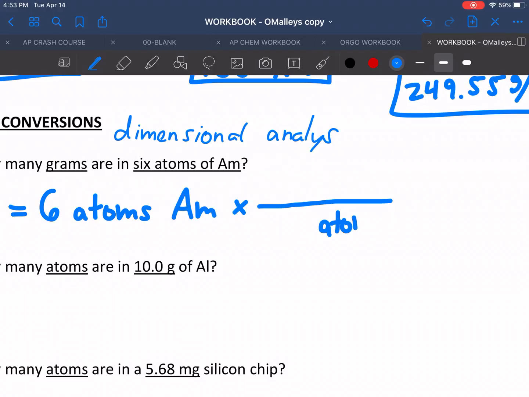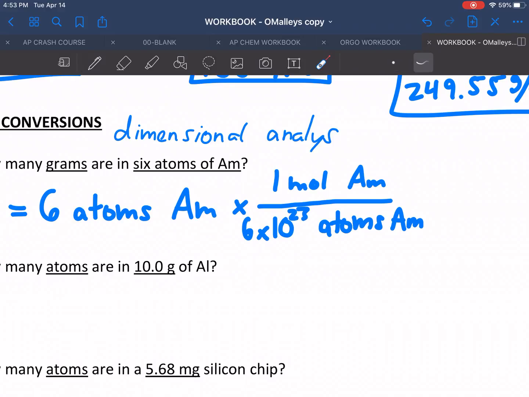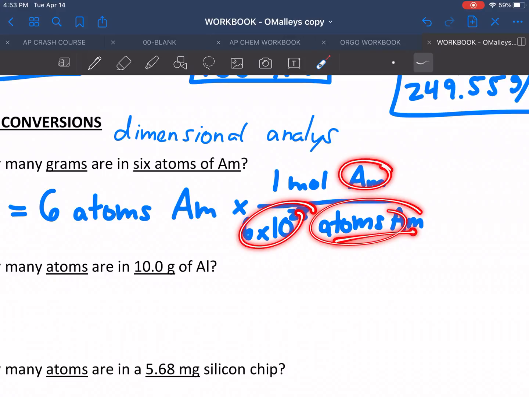So I'm going to put atoms of americium in the denominator and ask myself, what do I know about some number of atoms of americium? Well, this is where Avogadro's number comes in quite handy. There is 1 mole of americium per Avogadro's number, 6 times 10 to the 23rd atoms of americium, because there's 1 mole of anything in Avogadro's number of whatever that anything is.